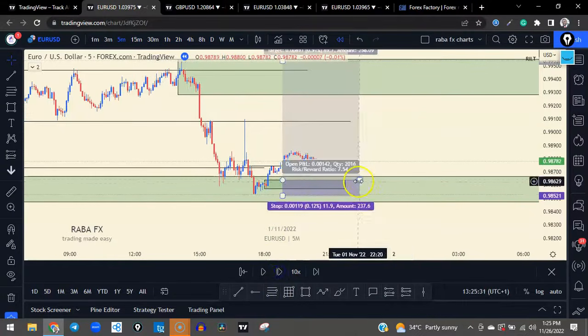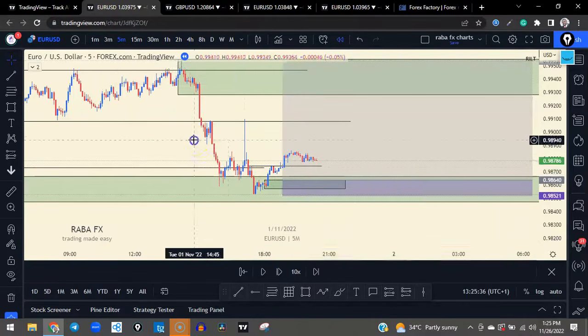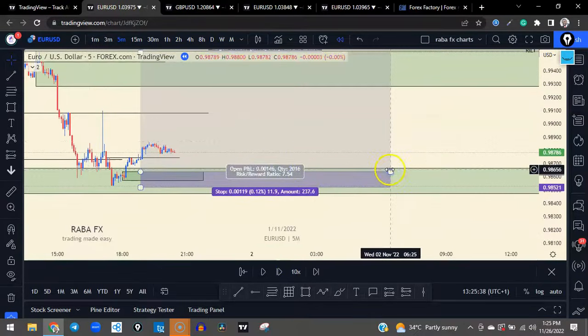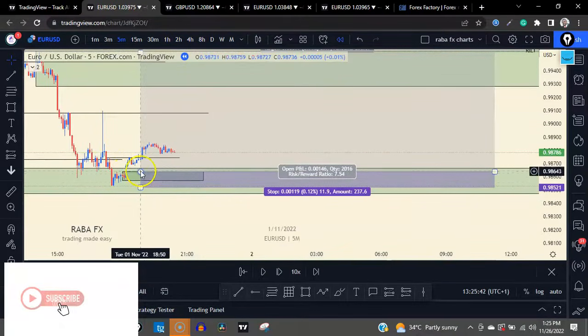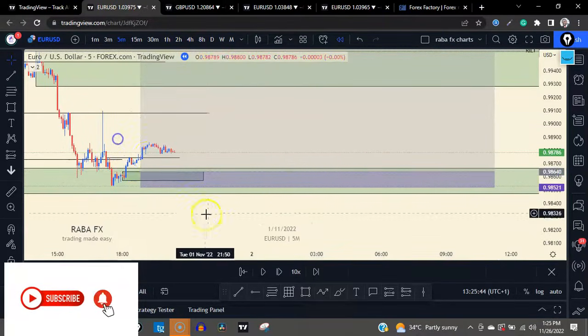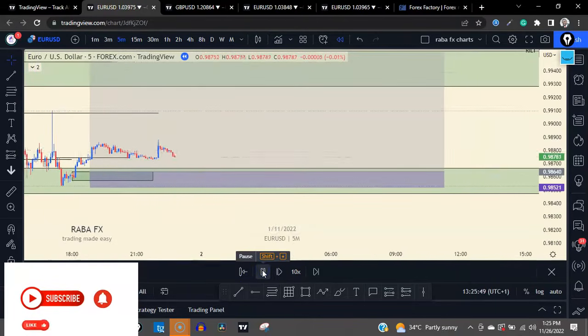You just have to be patient. Don't FOMO into the market. That's the last thing you want to do as a trader. Do not FOMO in, because we need price to mitigate this level here. So let's play. You can watch price come in there.